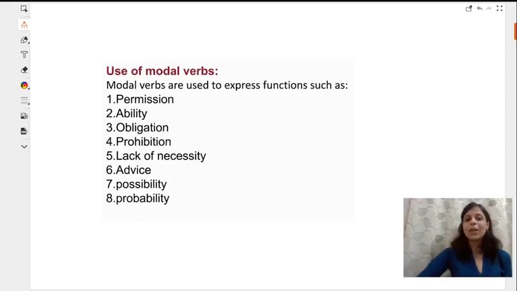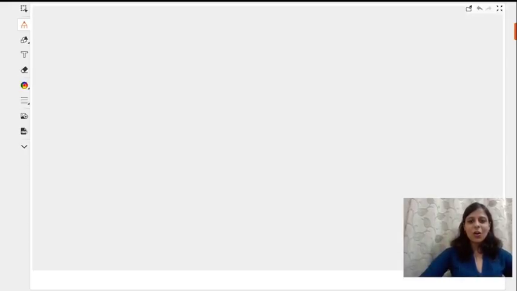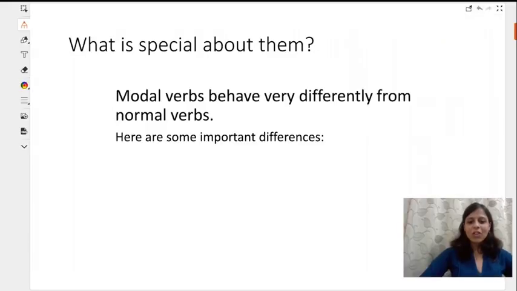So I use modal verbs if I have to talk about permission, if I have to talk about ability, some obligation, some sort of prohibition, lack of necessity, advice, possibility, probability. So I have to express all of that. So modals come into picture at that time, right? So I'm going to jump into the pictures quickly, and then we're going to jump into this exercise.